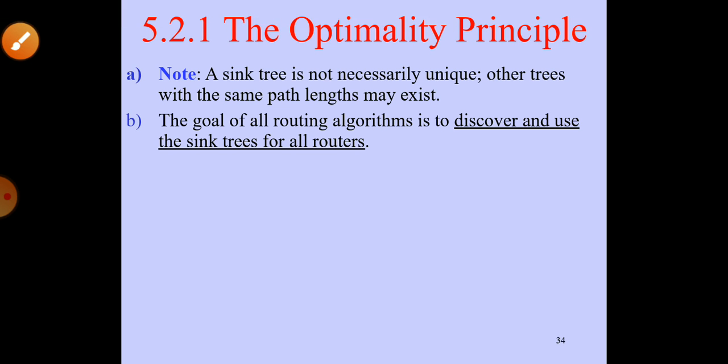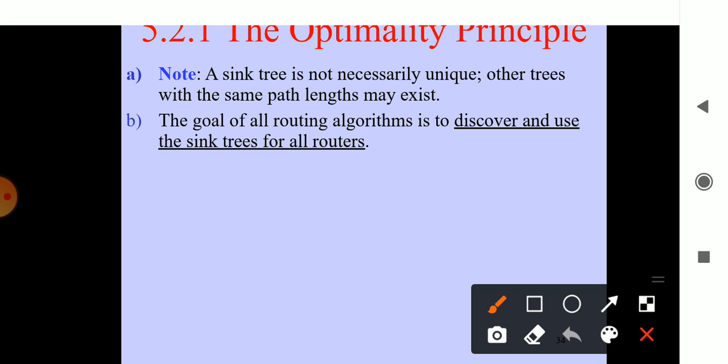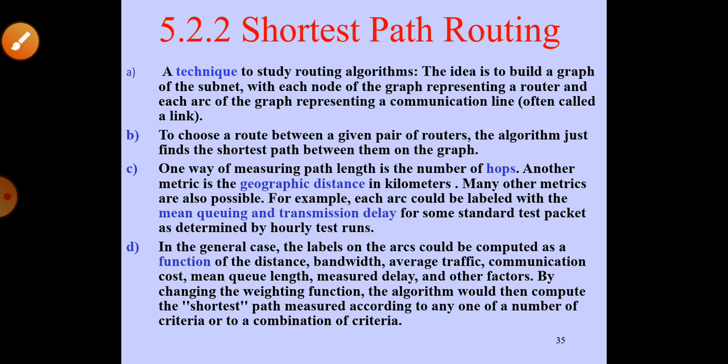This optimality principle is not represented uniquely. The paths in the sink tree differ based on the length, and different types of sink trees may exist. Mainly this optimality principle was used for the development of the sink trees of the routers. Okay, this is the optimality principle.